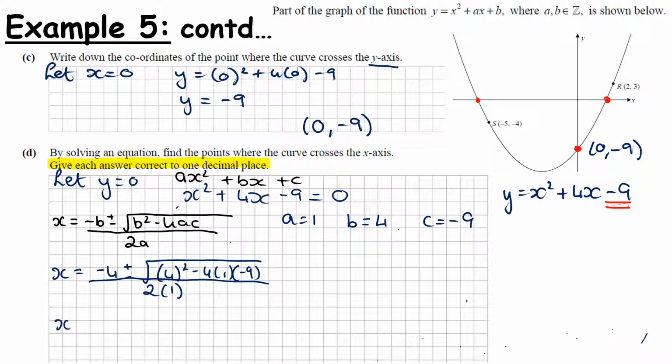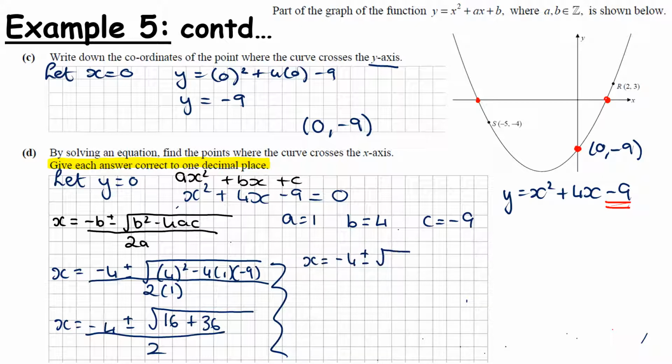Cleaning that up, we get x equals minus 4 plus or minus square root 16 minus 4 times minus 9 is plus 36 all over 2. And then we get x is equal to minus 4 plus or minus square root of 52 all over 2.